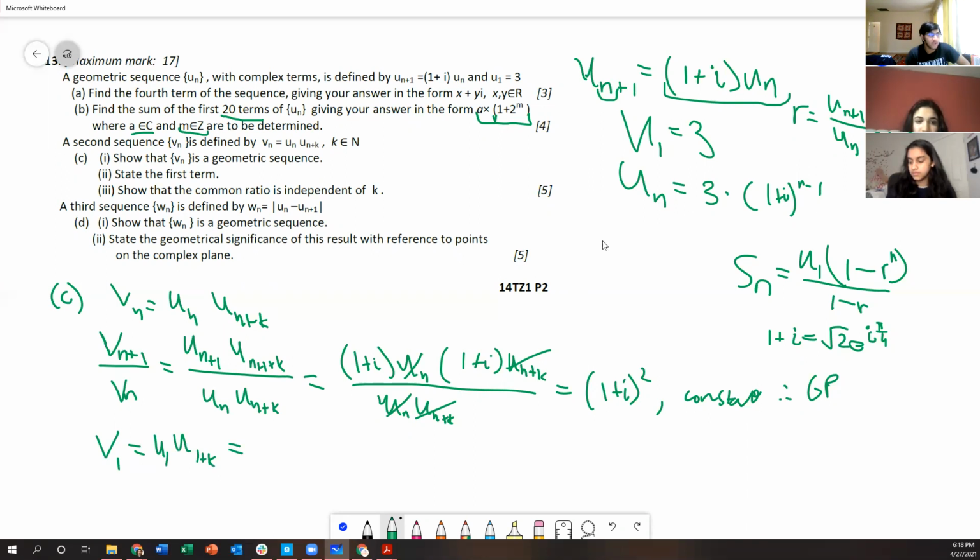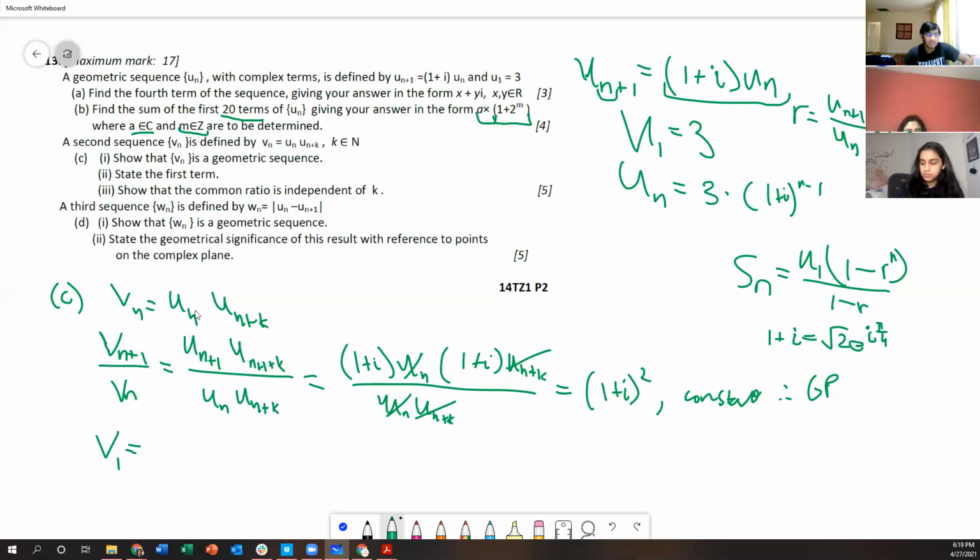We get U1, we know, is 3. And what is U1 plus K? Is that the best way to do this? That's probably not the right way, because I don't know how to deal with a K. What I would do at this point is go ahead and multiply these out.